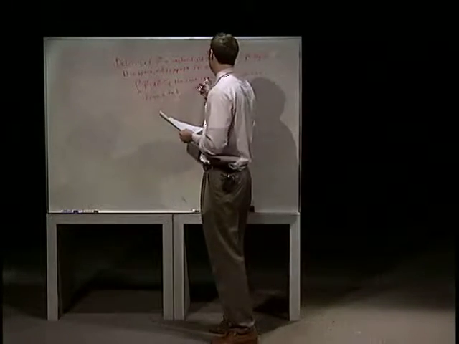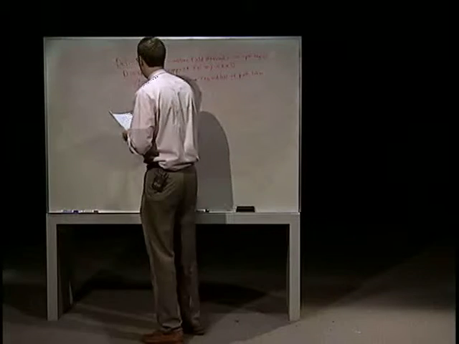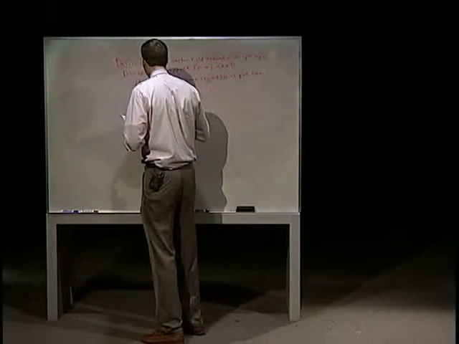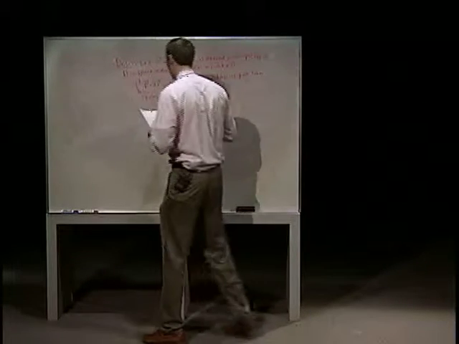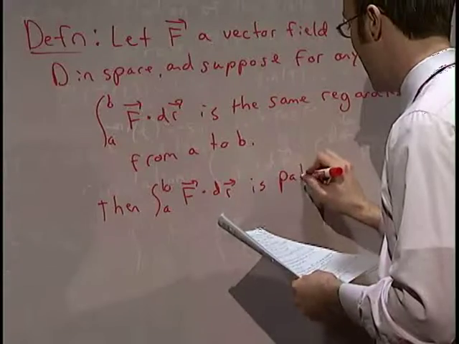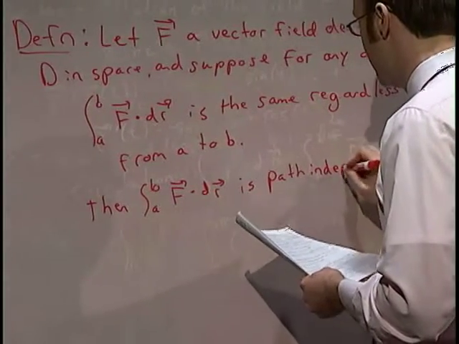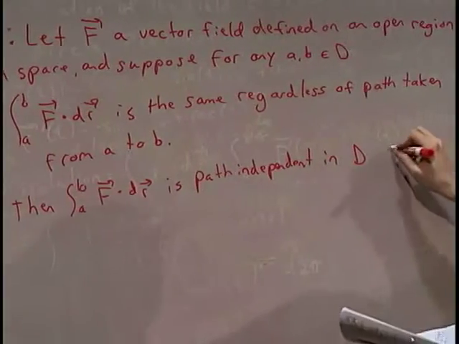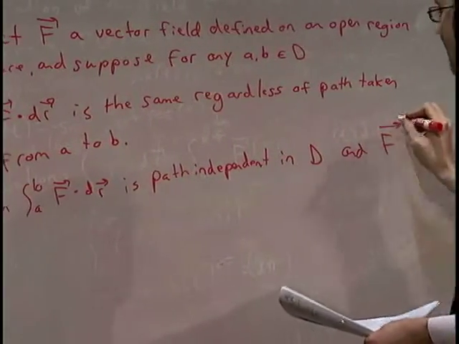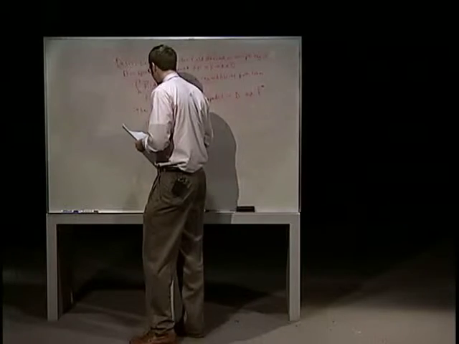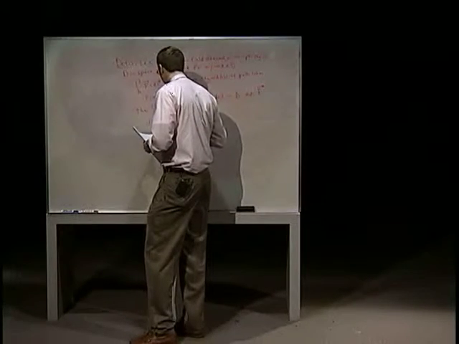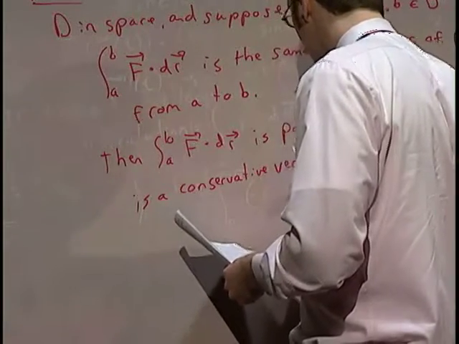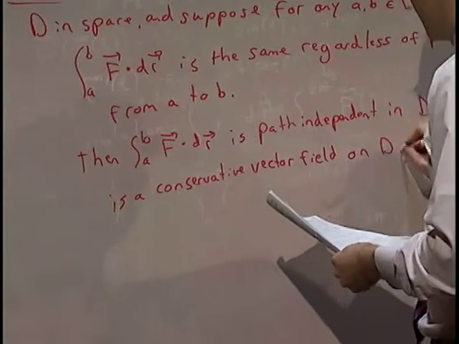But if this is the same, regardless of the path taken from A to B, then we say that the integral of F dot dr, that line integral, is what's called path independent in the region D, and that the field F is a conservative vector field on D, right?